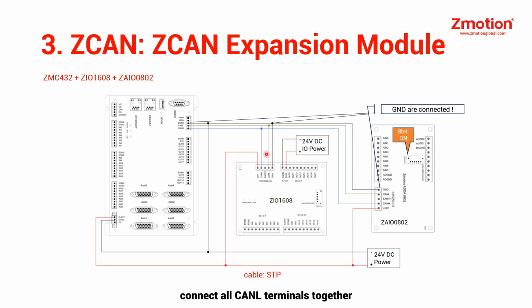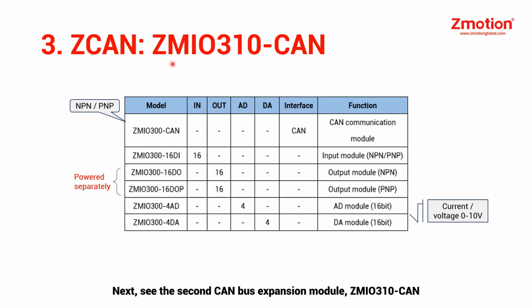Connect all CAN-L terminals together and connect all CAN-H terminals together. Set DIP switch well. Their DIP ID can't be the same. Dial the bit 8 of ZAIO0802 as on.